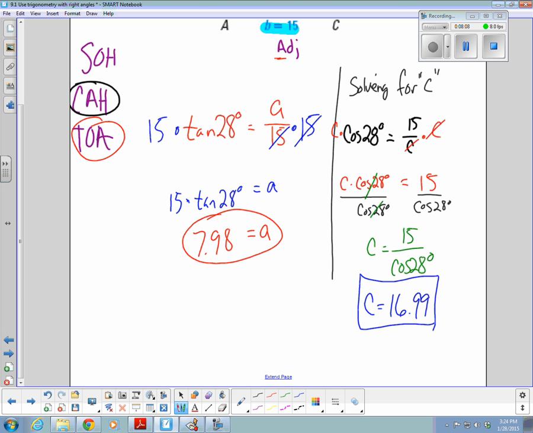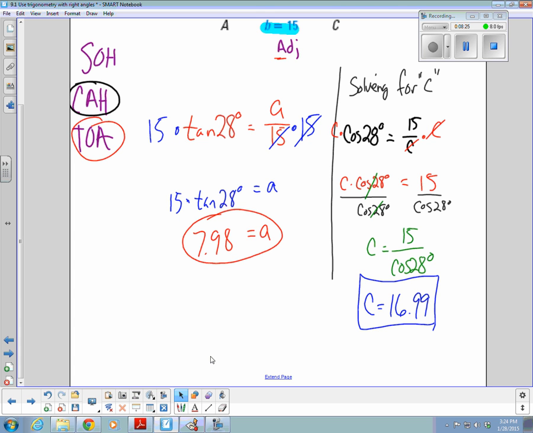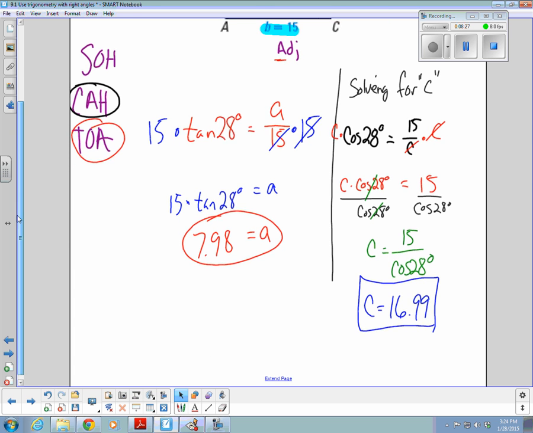So we have C, we have A, and the angle B will be the last thing we have left. So, all right, let's figure out what that's going to be.